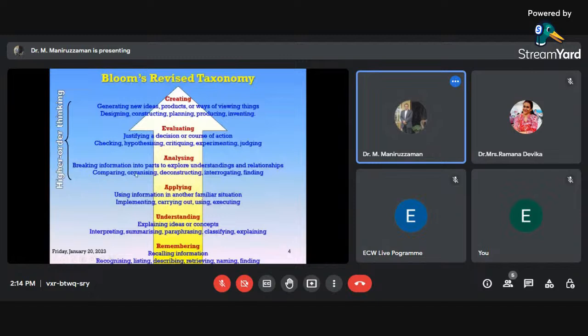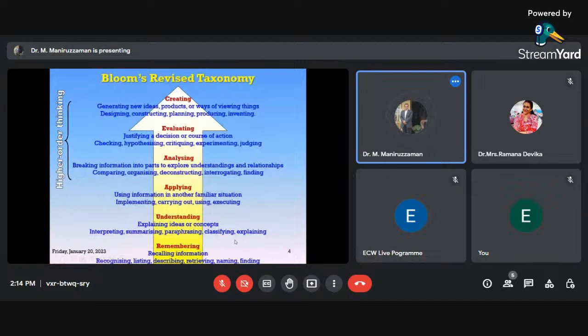Understanding means explaining ideas or concepts: interpreting, summarizing, paraphrasing, classifying, explaining.